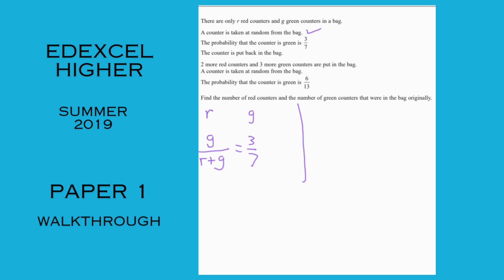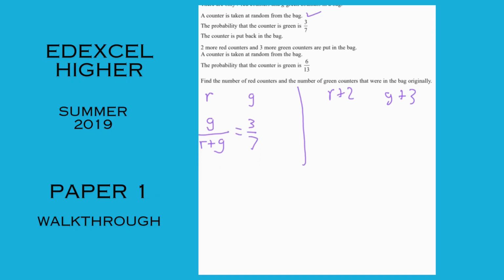So the counter's put back, we reset, 2 more red are popped in, R plus 2. 3 more green are put in, green plus 3. Now, probability of a green is 6/13. Same process. How many greens are there?